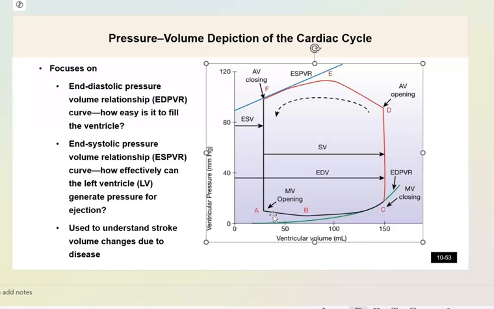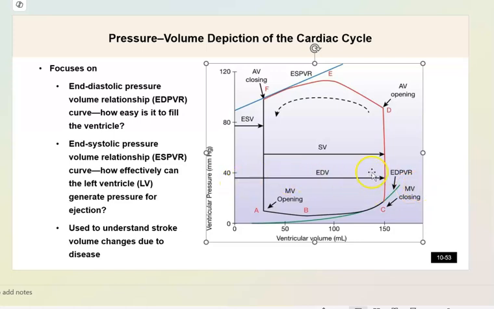If you want to pause this now and say it out loud in your head, can I describe what this means and what I'm trying to say through that? What are we trying to do? The other parts on here that are important to know is that our end diastolic volume, which is our EDV, right?